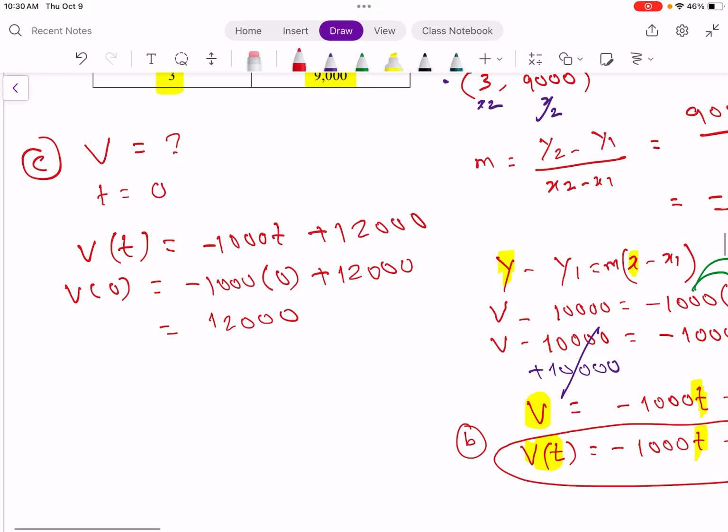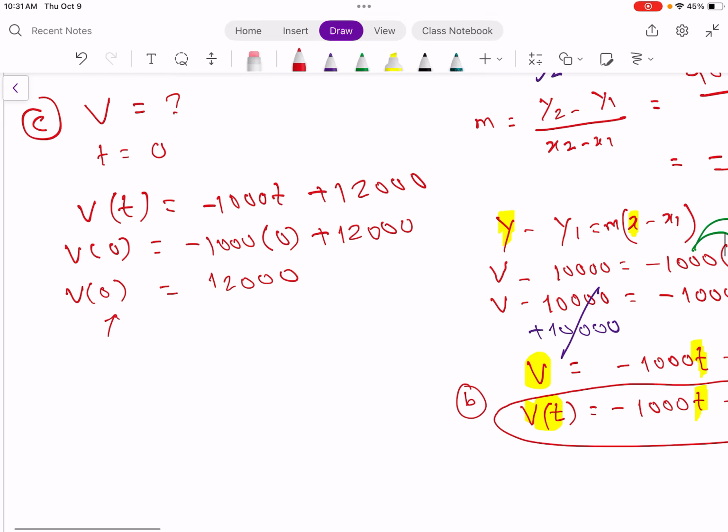V of 0 means it's the original purchase price. So here we have a linear function, and we use it to find the original purchase price of a printer, which is $12,000.